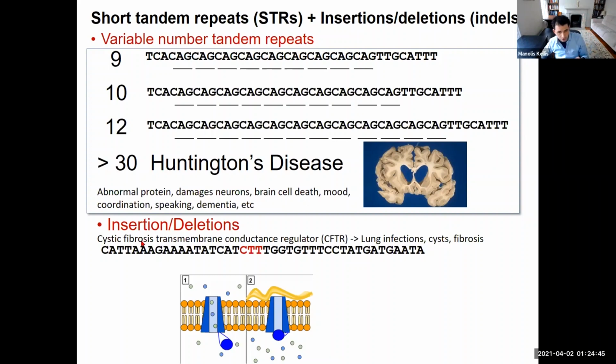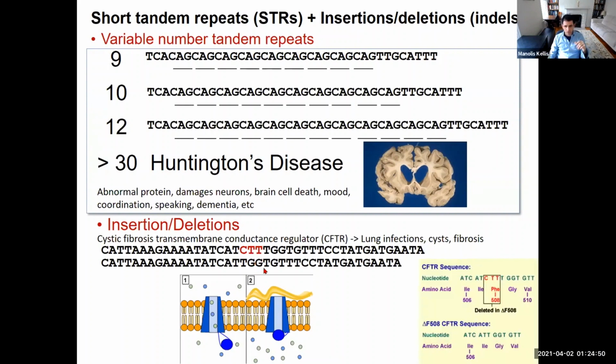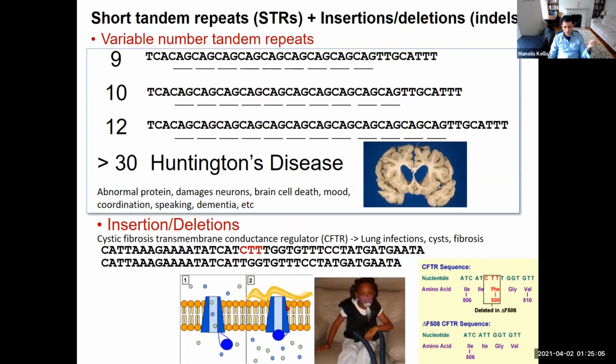The next type of variation is insertions and deletions. So, for example, cystic fibrosis has a deletion of CTT, which basically causes the loss of this phenylalanine, and then ultimately that leads to lung infection, cysts, and fibrosis, and is extremely detrimental as well.